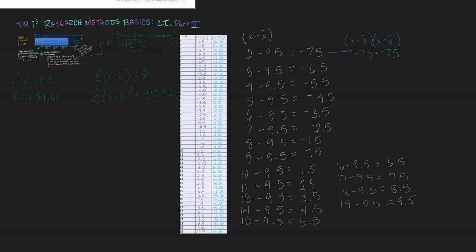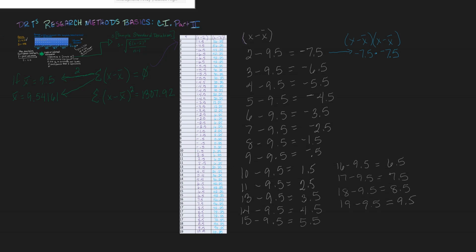So it could be that your sum, if you had used the rounded version, 9.5, could equal 2. If you go back through and use the more accurate mean, then the sum of all x minus x bar is equal to 0.